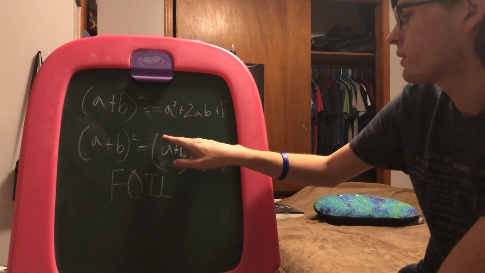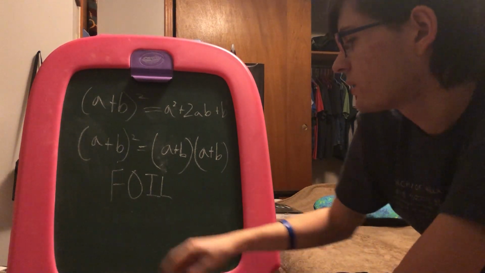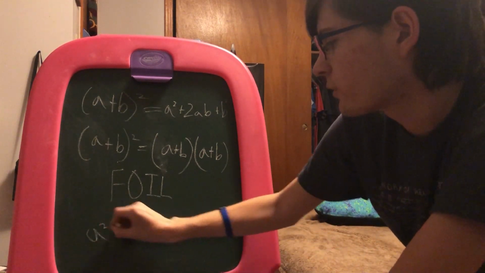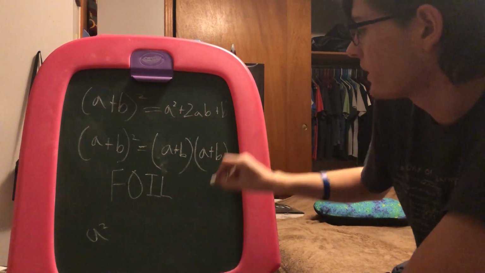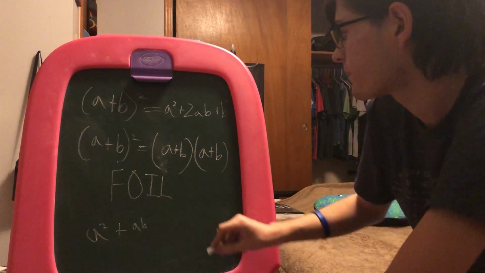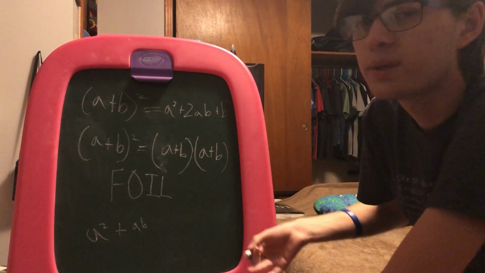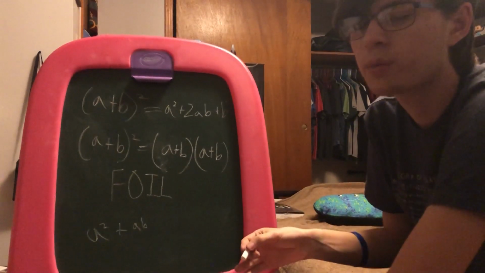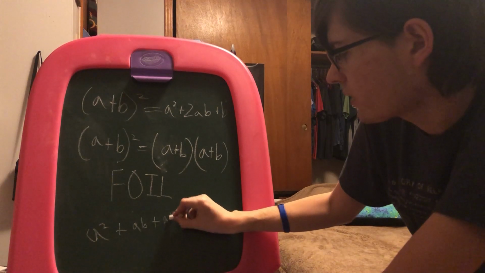So we do the firsts, a, and we get a squared. Then we do the outsides, a and b, so we add ab. We do the insides, b and a. That's ba, but because of the commutative property, it's the same as ab. So we add ab.